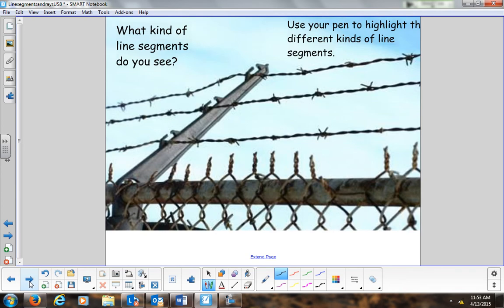So what kind of line segments do you see? Maricela, come up and circle one. If Maricela was to pick this one, she could write line segment AB, just like that. Carolina, come up and pick out another line segment.